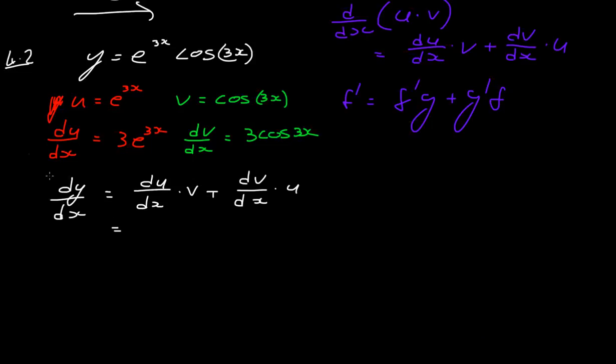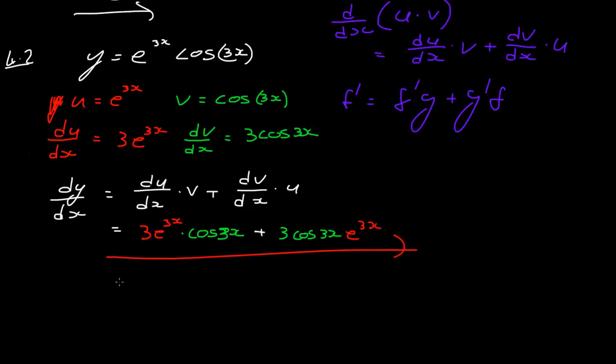So du by dx is 3e to the 3x, so we just put 3e to the 3x times v, which was cos 3x, plus dv by dx, which is 3 cos 3x times u, which is e to the 3x. And there you go, there's your final answer.